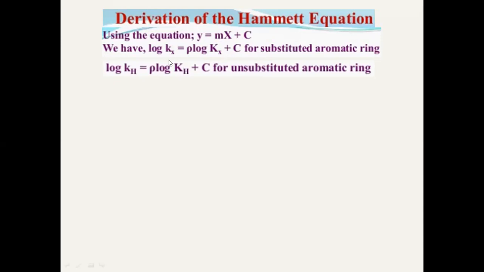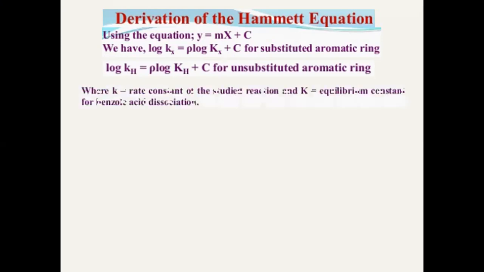And this equation is for the one without any substitution. See, small k is a rate constant, and capital K is the equilibrium constant. And here we have considered benzoic acid because Hammett studied benzoic acid.